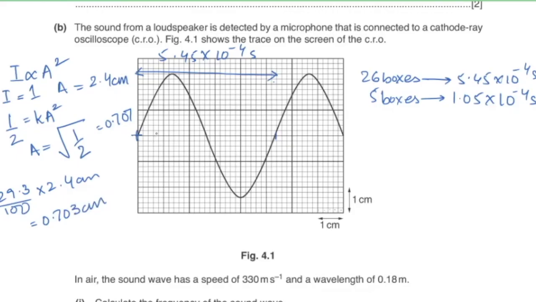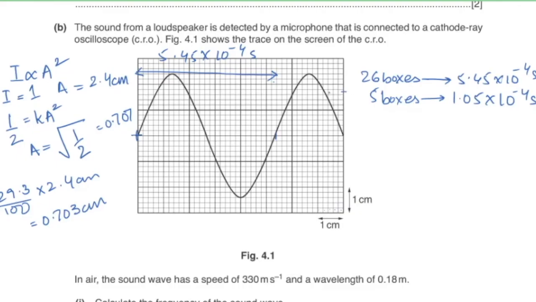This means that now your newer waveform will have an amplitude of 1.7 centimeters with the same frequency and same time period. So 1.7 centimeters is going to be, this is 1, this is 1.246, and this will be 1.7 centimeters.